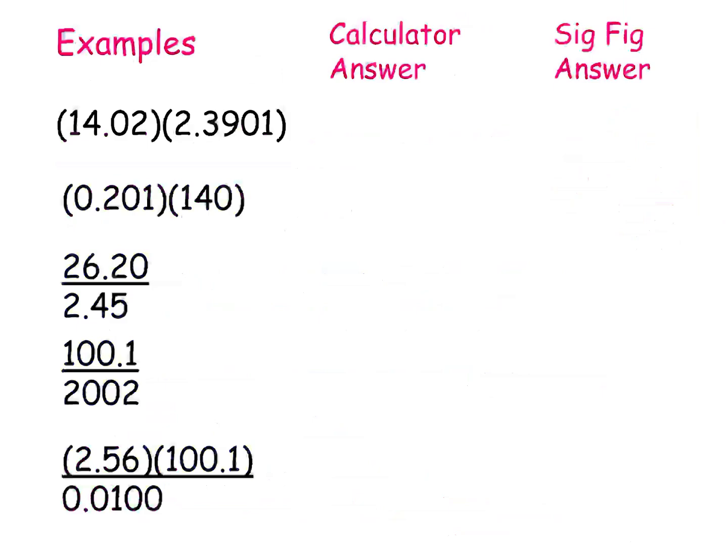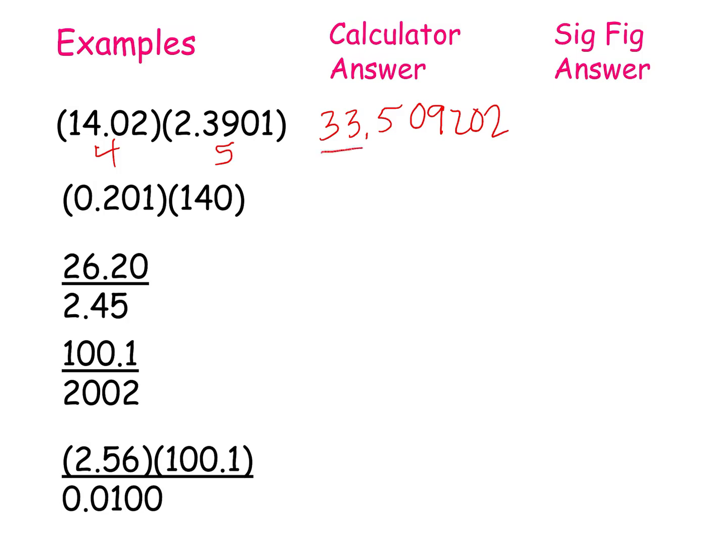14.02 times 2.3901 gives me 33.5009202. So I need to round that to the fewest number of total sig figs out of the numbers that I multiplied. This has 4 sig figs. This has 5. So my final answer should have 4 sig figs.